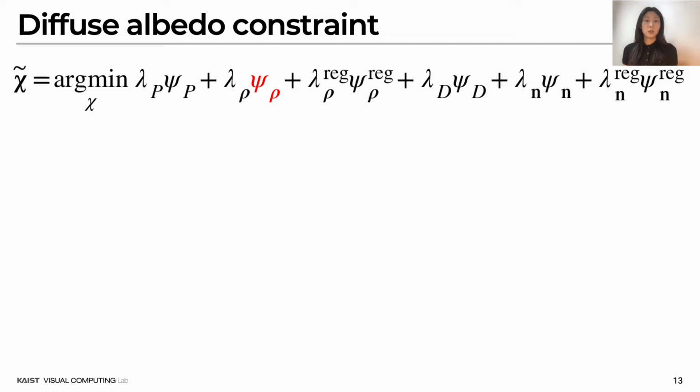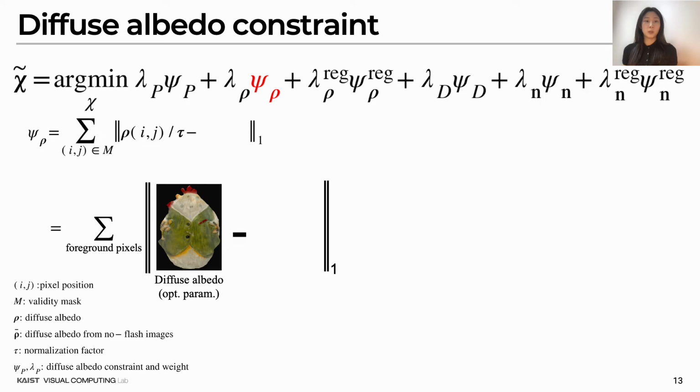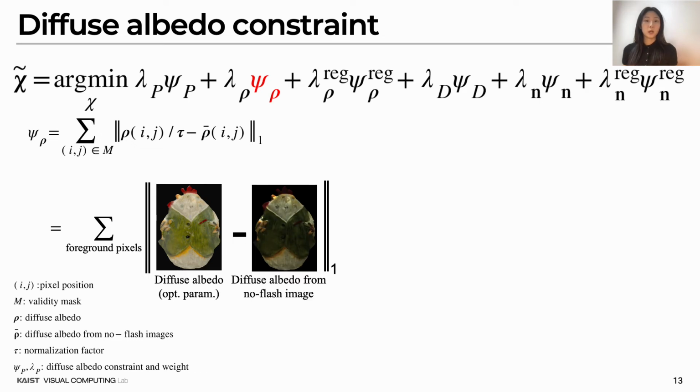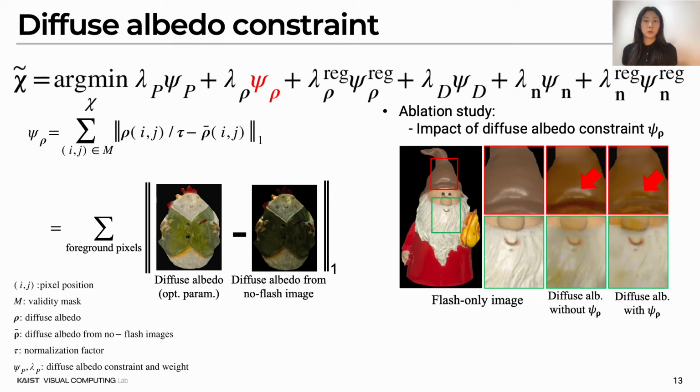This constraint reduces the difference between the optimization target diffuse albedo and the diffuse albedo from the no-flash image, which is computed in step 1. In our ablation study, we found that bright pixels due to specular reflection are harder to remove without this diffuse albedo term. Please refer to the paper for the details of the additional constraints.